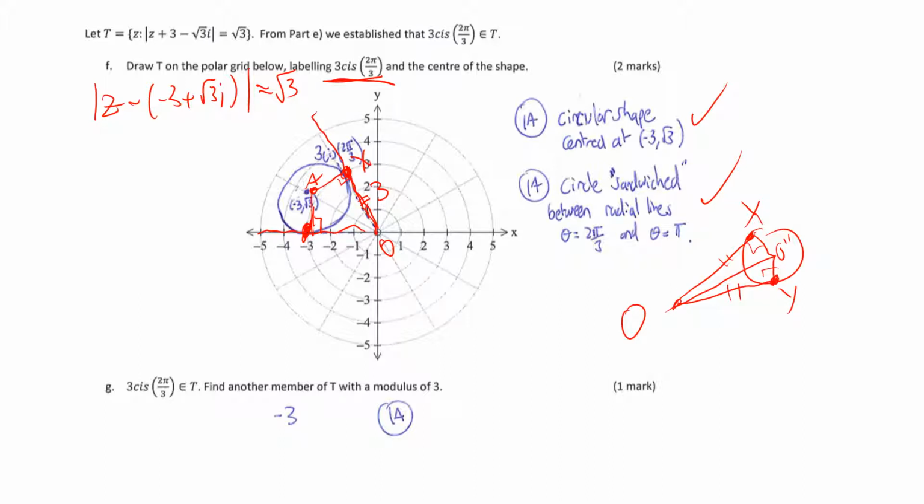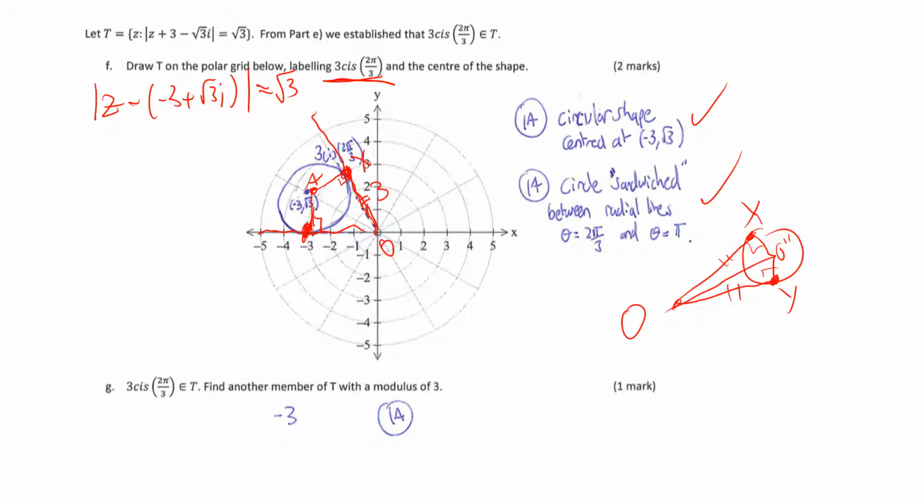So this means ultimately that if the ray with argument 2 pi on 3 is a tangent to the circle, which we can safely say it is, and the line from the origin through the center of the circle is 5 pi on 6, so 2 pi on 3 plus pi on 6, then a further pi on 6 around will create another tangent to the circle.